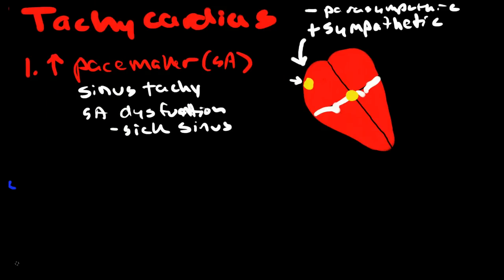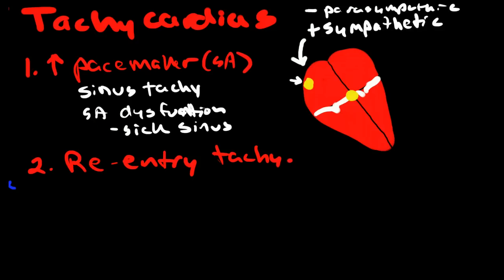Okay, and number two is going to be reentry tachycardias. Now, one example of this would be atrial fibrillation. Now, if you imagine, usually the action potentials flow in a straight line from one direction to another, right?